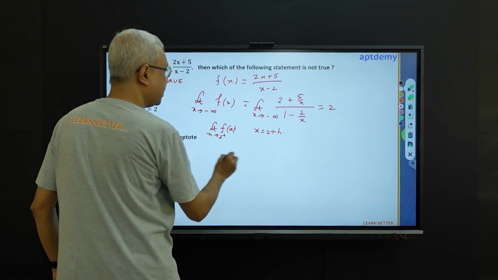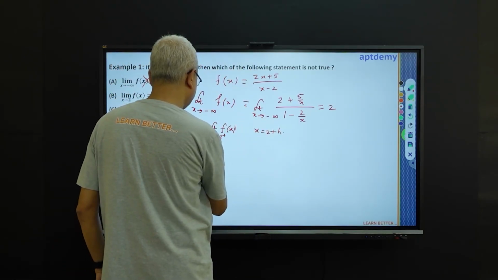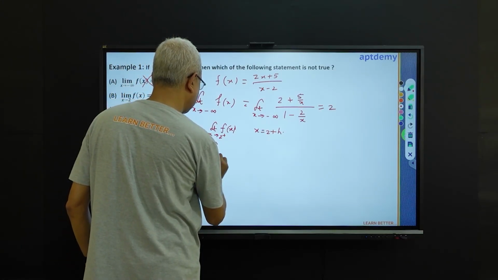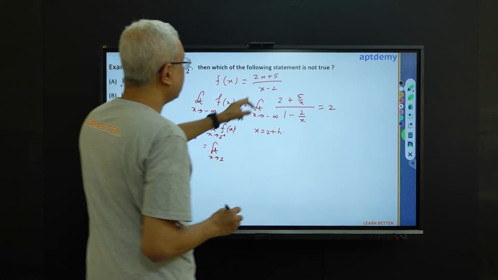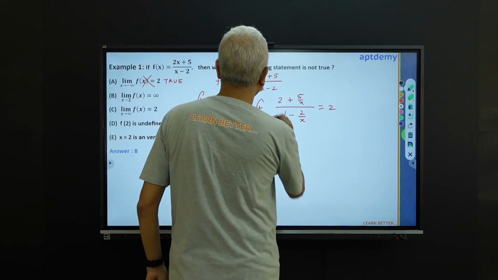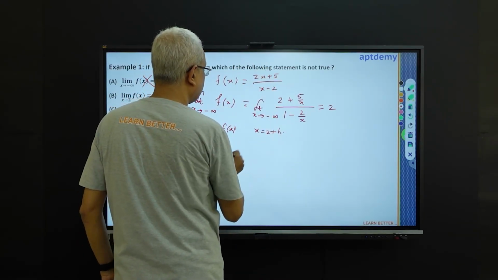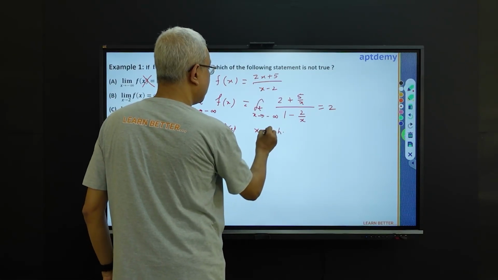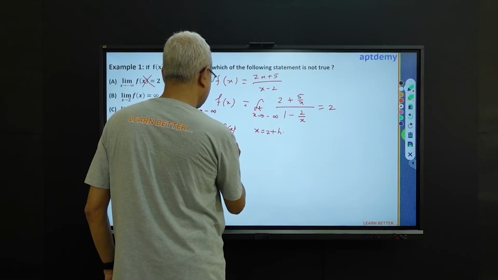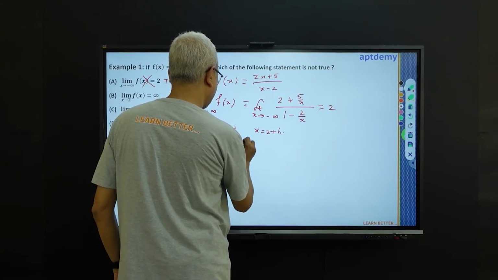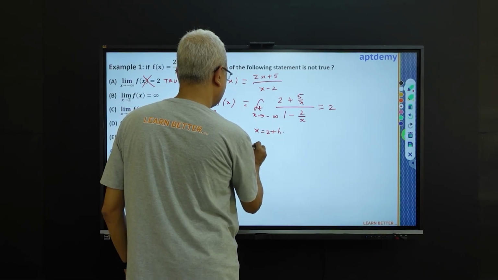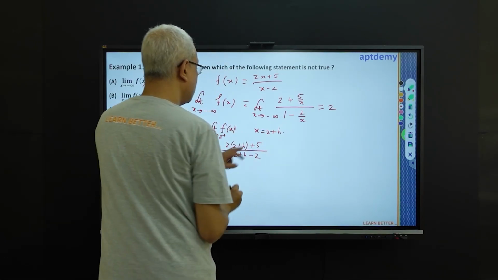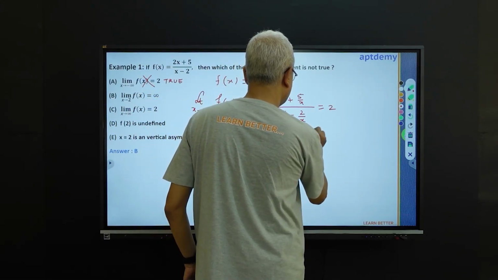So in place of x, we can write 2 times (2 plus h) plus 5 divided by (2 plus h minus 2), where h here is a positive quantity.